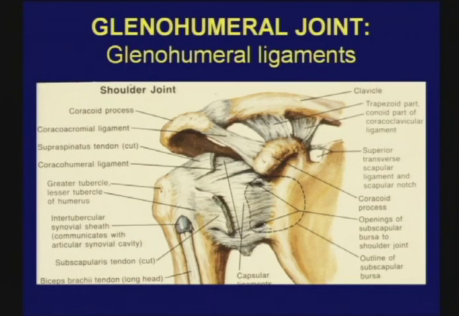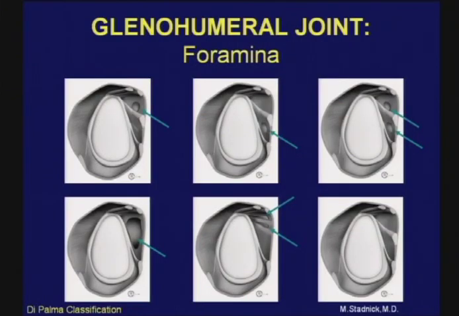It is these openings that provide communication from the major part of the joint and the subscapular recess, that diverticulum. So very little has been written about the MR appearance of these foramina, as they are called, but it does create some diagnostic problems sometimes. There are anatomic descriptions in the literature of the variations in them. And here is the DePalma classification of the foramina.